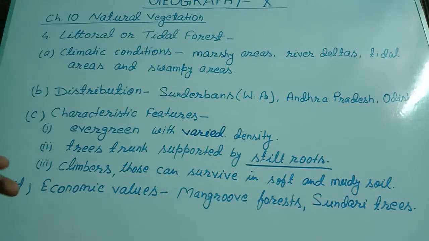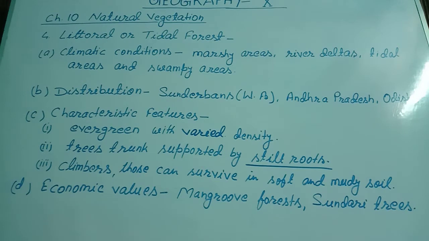These stilt roots are visible during low tides, when the oceanic waves go back. At that time stilt roots are visible, and again these roots submerge under the water during high tides.